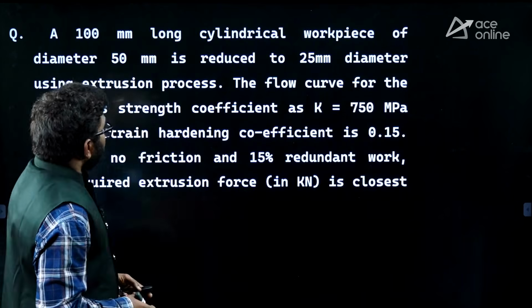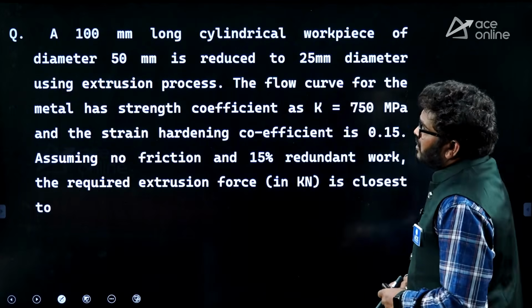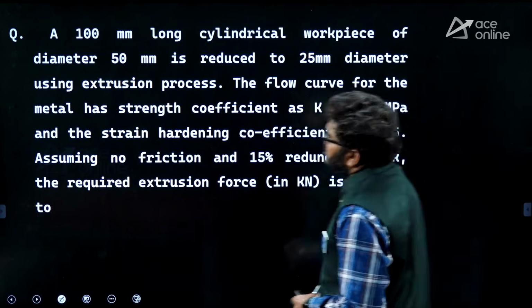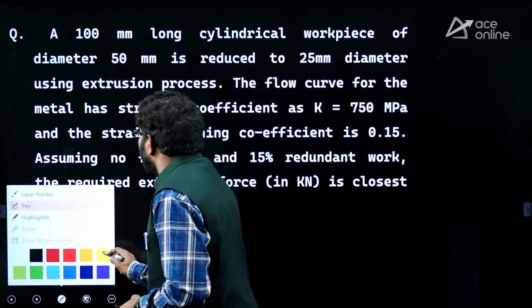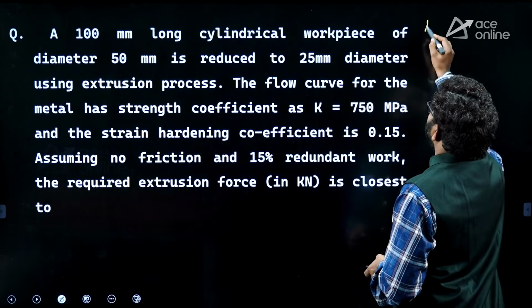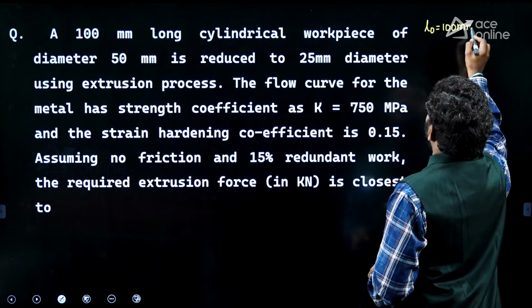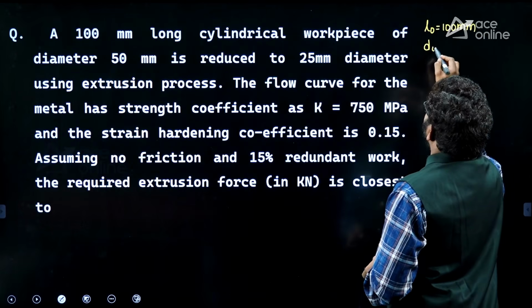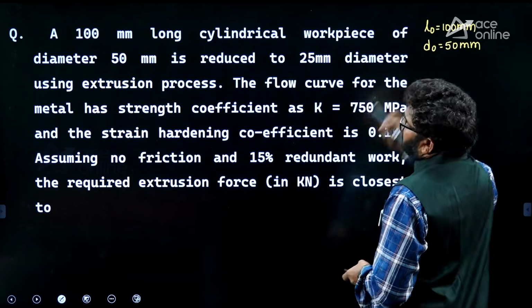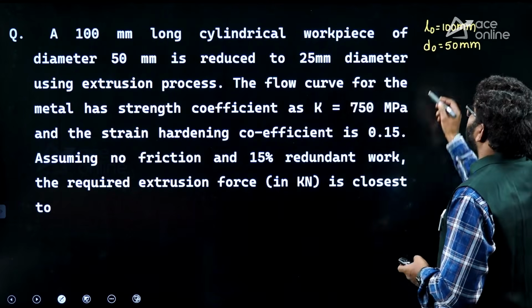Now, listen carefully. Here, a 100 mm long cylindrical workpiece of diameter 50 mm. Okay, length of the cylindrical workpiece is 100 mm, I am taking the given data, and diameter 50 mm is reduced to diameter 25 mm.